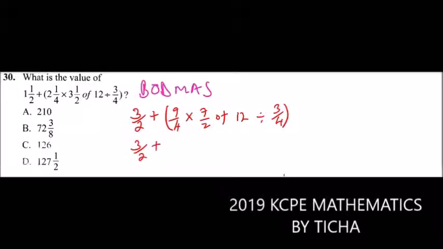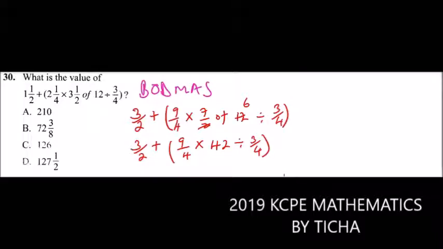So when you start with 'of', you have 9 over 4 multiplied by, 'of' implies multiplication, so you can simplify that by 6. When you multiply 7 times 6, you get 42. Then you divide by 3 over 4. So we have dealt with 'of'.